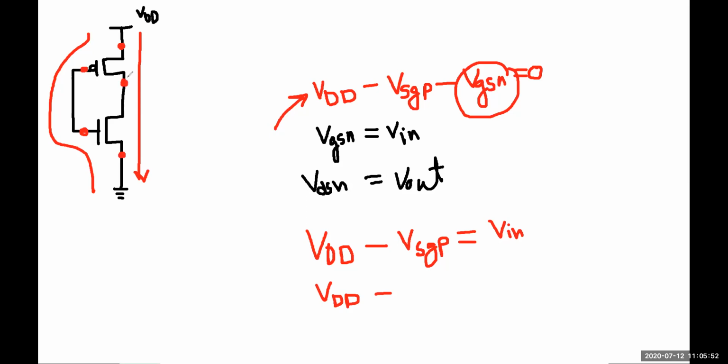Here you have S, here you have D. So VSD for PMOS, minus, here you have D, here you have S, VDSN, equal to 0. Understand? Yes, sir. In place of VDSN, can we write V out? Yes. In place of VDSN, we can write V out. Let's write it.